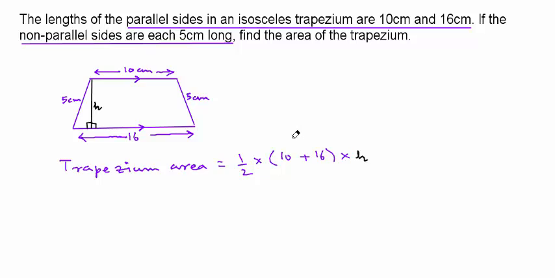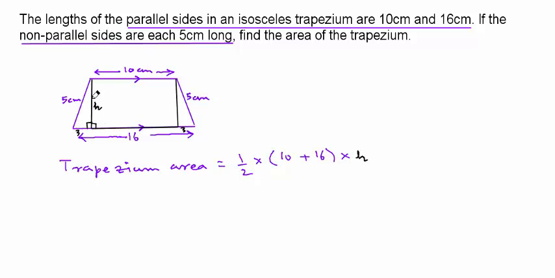And to be able to do that, we note that if we draw the same height on the other side, this shape inside the trapezium is a rectangle in which the opposite sides are the same length, which also means from here to here it's 10 centimeters. And therefore this has to be 3 centimeters on either side, so that the total length is 16.